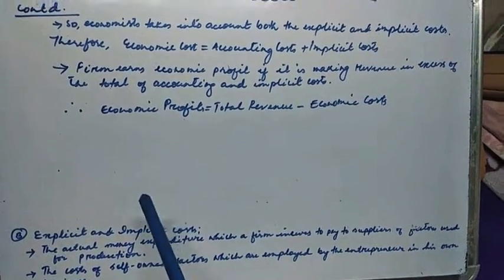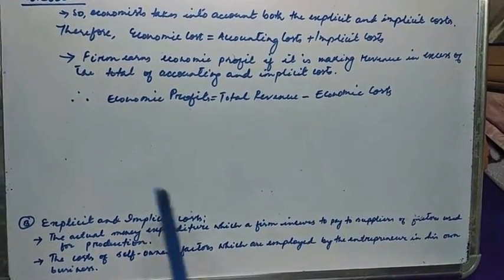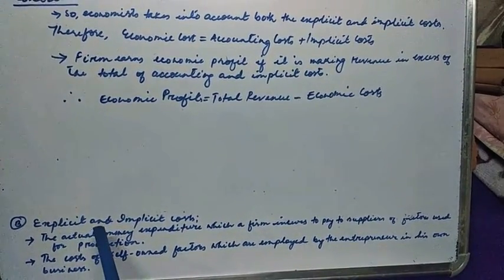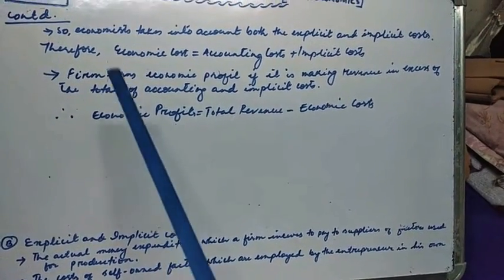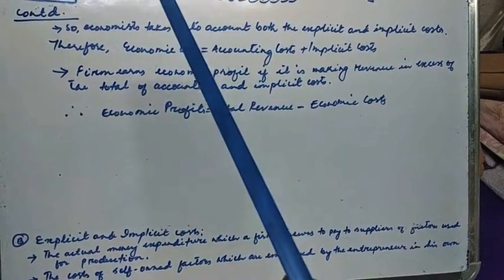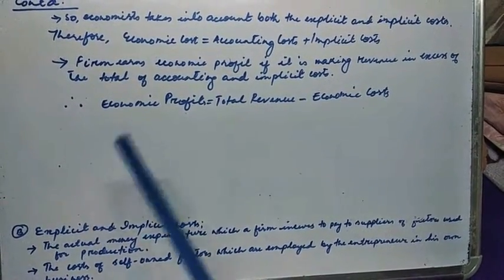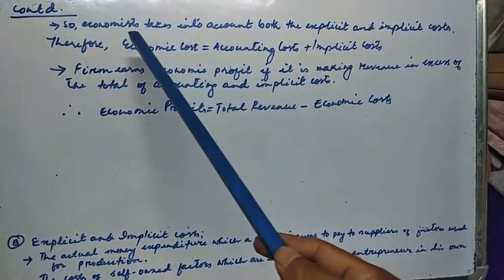So we have just explained what explicit and implicit costs are. As I have mentioned, explicit cost is similar to accounting cost. So when we talk about economic cost, we are including both explicit plus implicit cost.